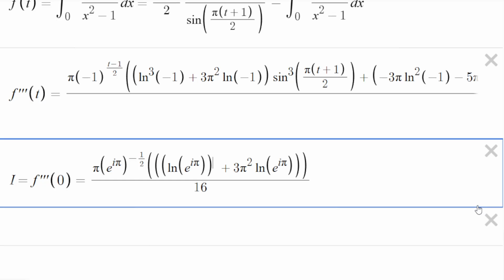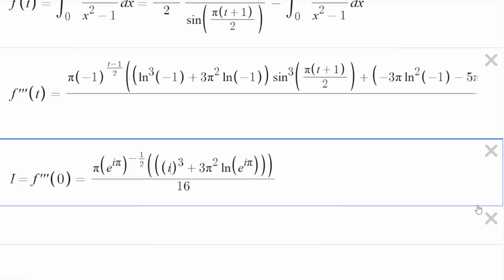We're just rewriting it. We're writing that as, instead of natural log cubed of that, natural log of that all cubed. Okay. Now what can we do? Well, let's see. Natural log and e cancel out to give us just an i pi right there. Also here, that cancels out to give us an i pi.